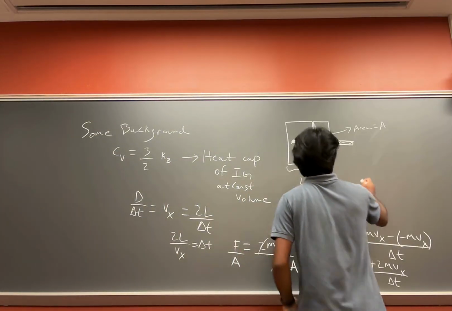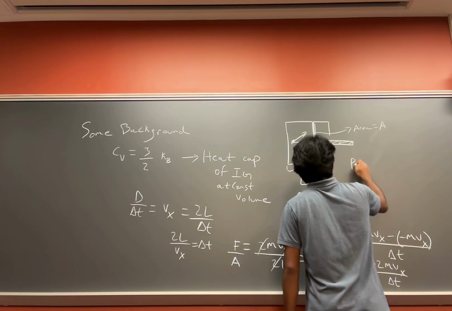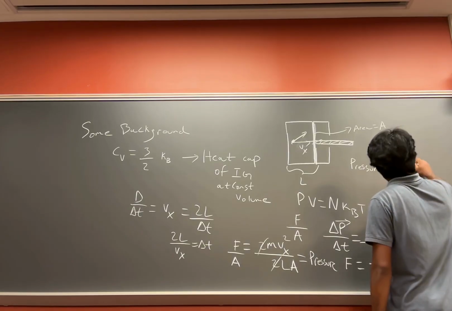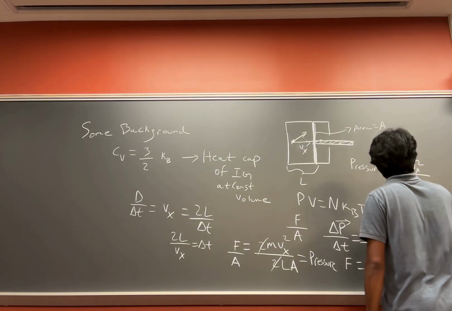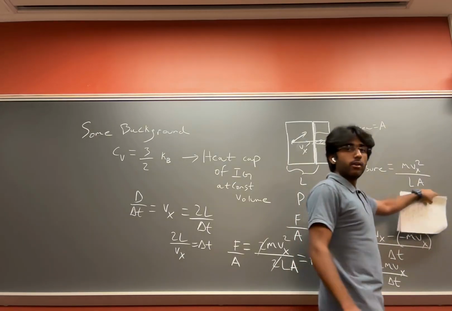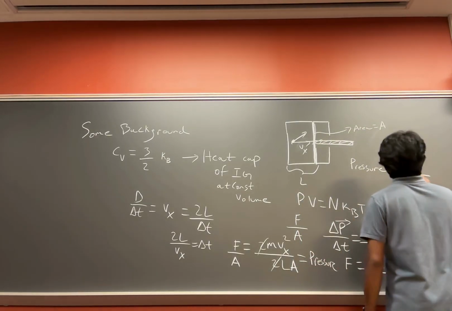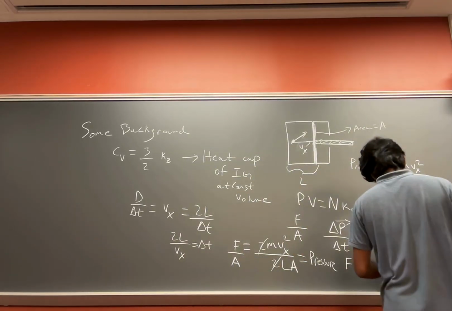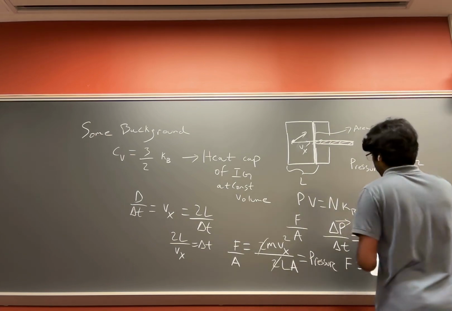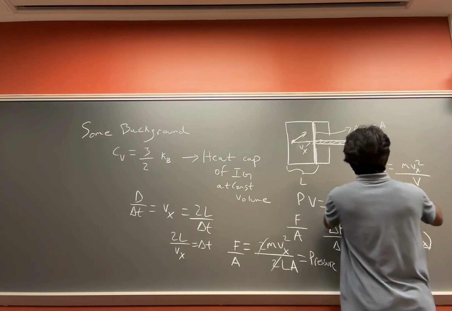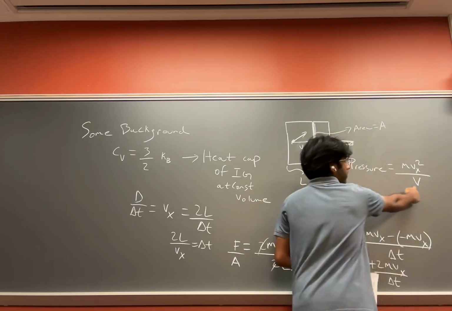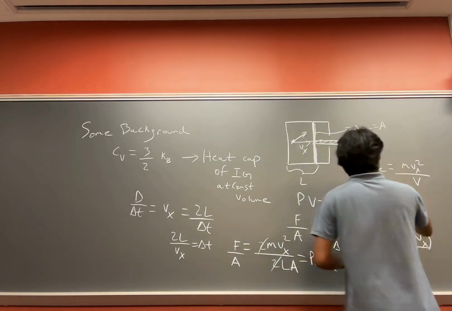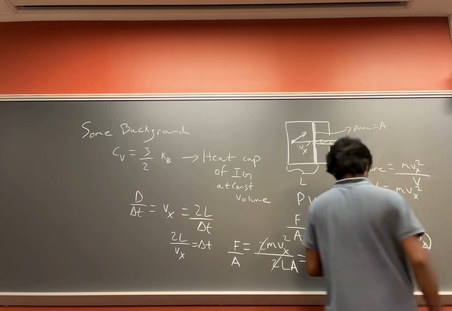So with the equation for pressure, pressure equals mVx squared over L times A. Length times the area is just the volume of the container, V. If we multiply by the volume on both sides, we see that P times V, P being pressure, is just equal to mVx squared.